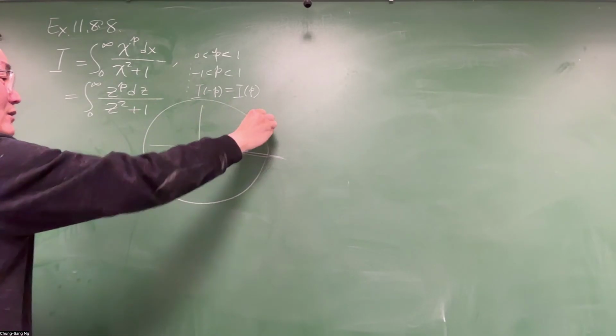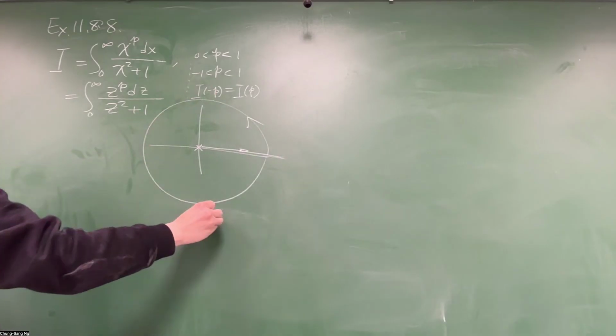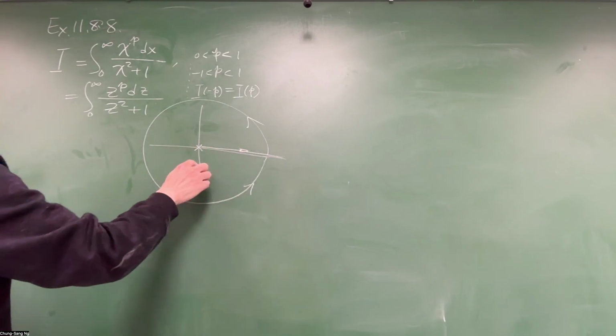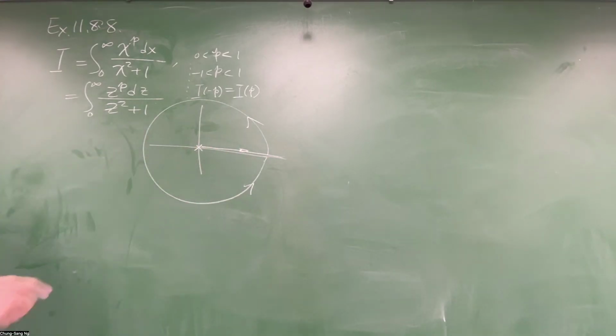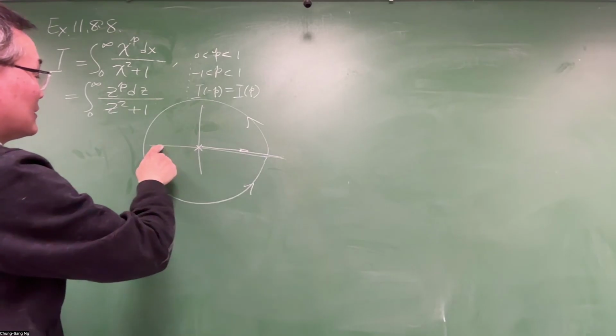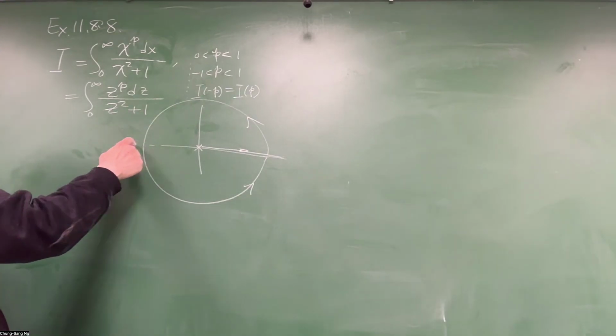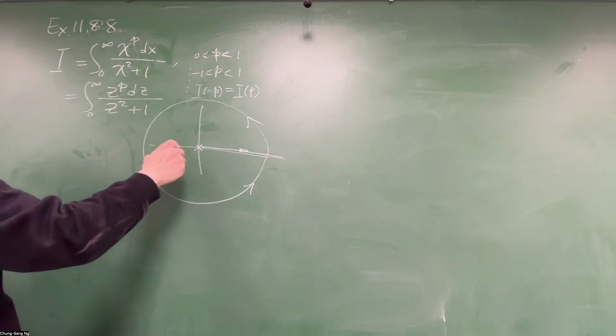So you go all the way around 2 pi, go back to here, and then you want to make a branch cut. You know, it's a branch point. If you go all the way, you don't want to cut it anywhere because that will cause a branch cut, and that's not good.